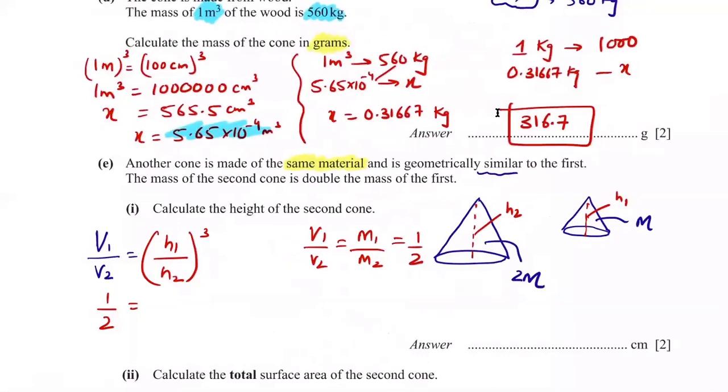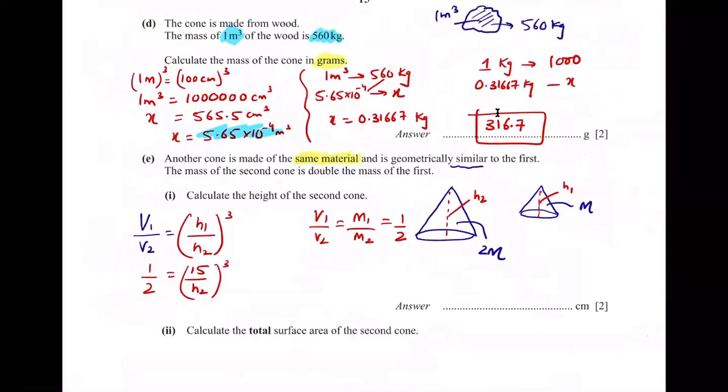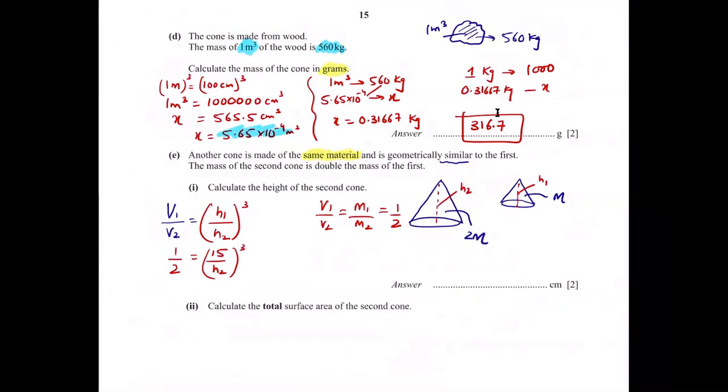So if the vertical height is 15, get me the height of the second cone. Solve this equation for h and find me the value of h, please.